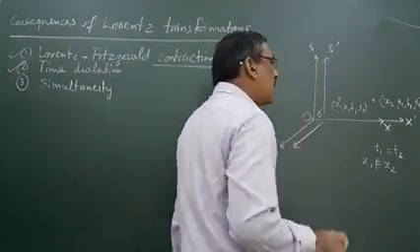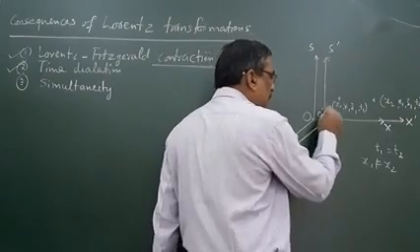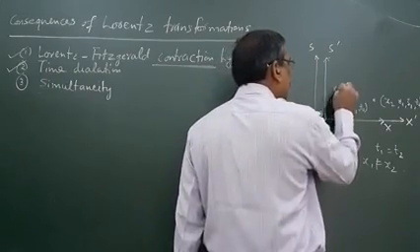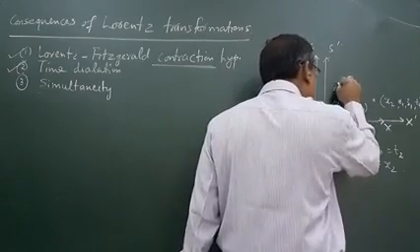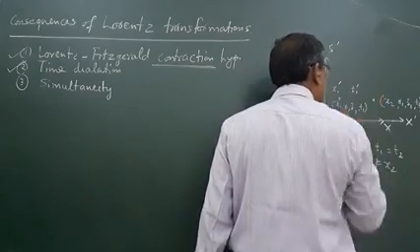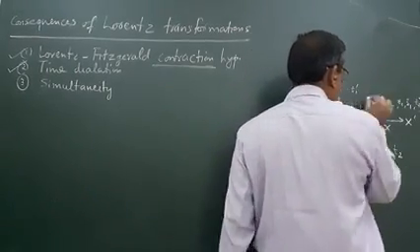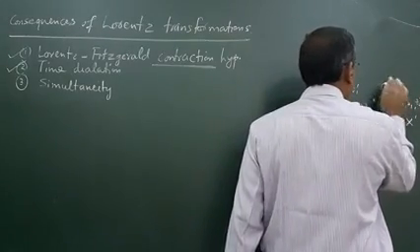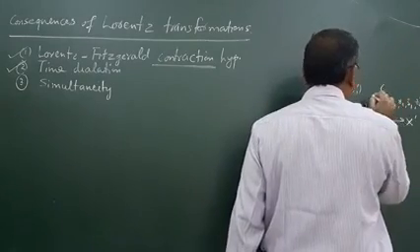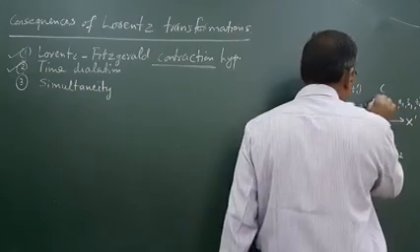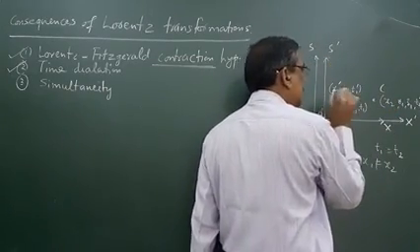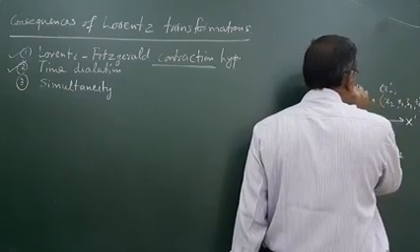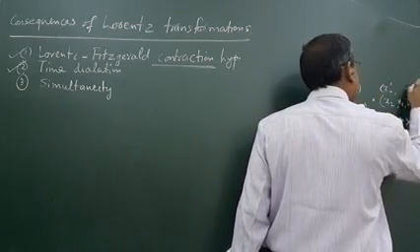The same events observed by the second observer situated at O dash, in the second frame, will be x1 dash, y1 dash, z1 dash and t1 dash, and the event at this point will be observed by the observer at O dash as x2 dash, y2 dash, z2 dash and t2 dash.